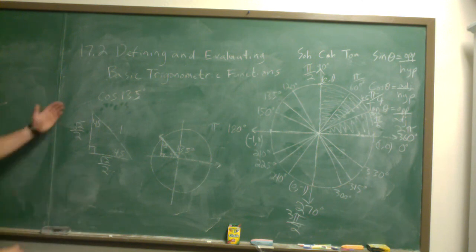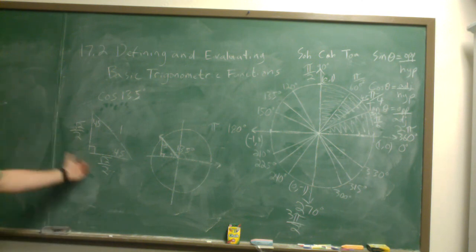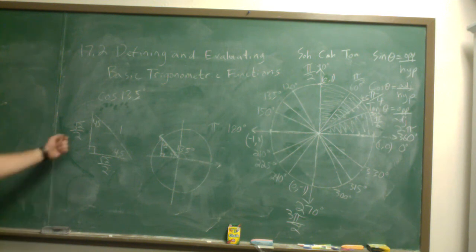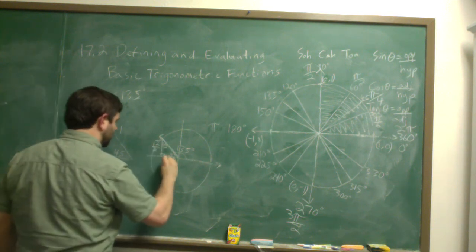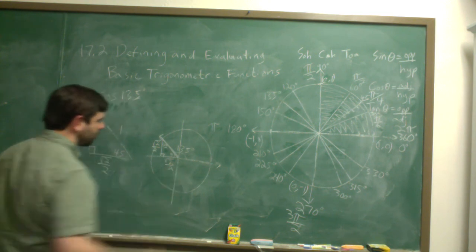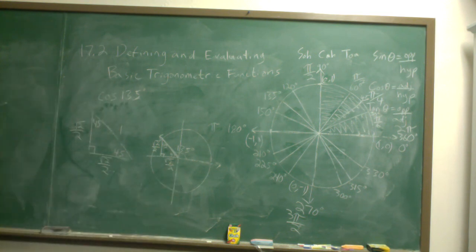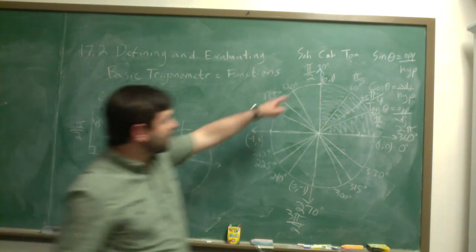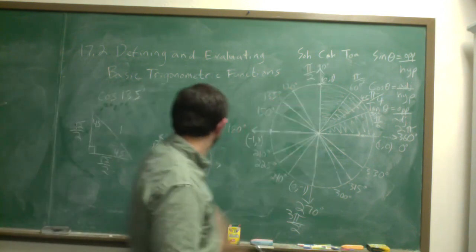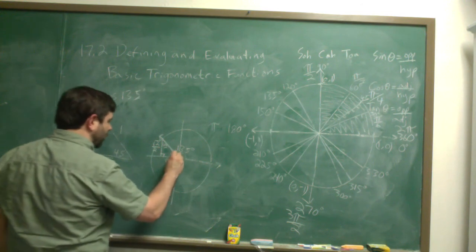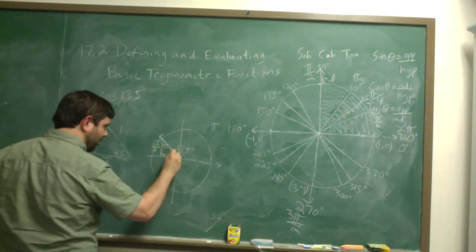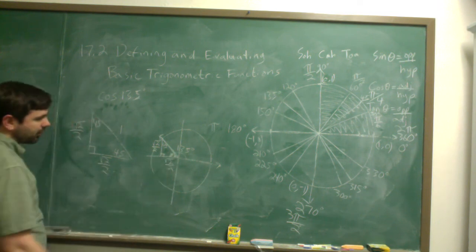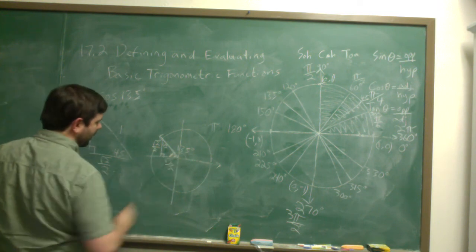Okay, so I'm going to assume that you're with me on square root 2 over 2 being the lengths of the sides. And we're asked to find the cosine. Cosine is adjacent over hypotenuse. So this is our angle we're going to be using now, 45 degrees, this one that completes the half circle there.